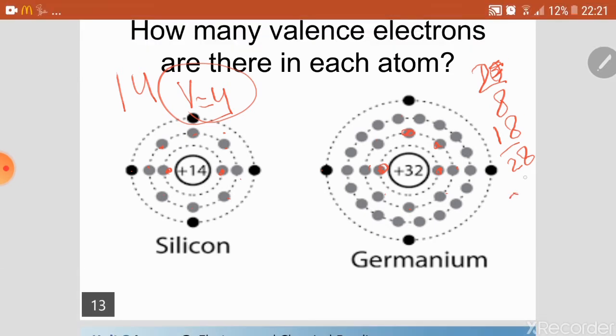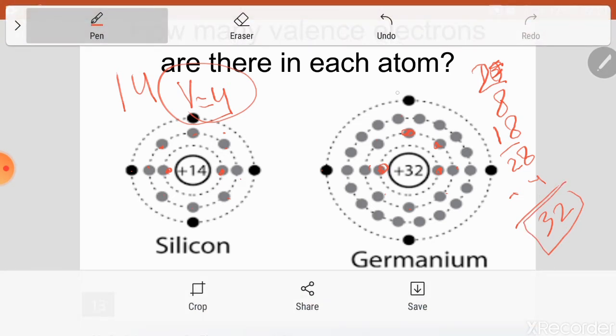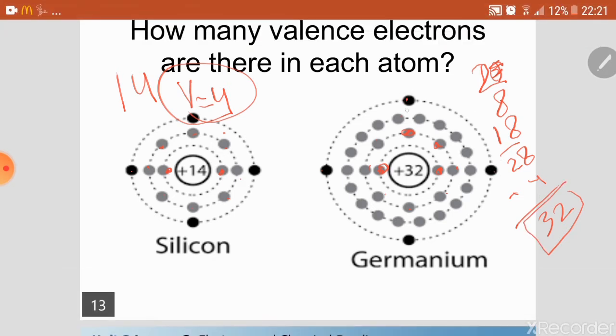So plus 4, it will be 32. This is the total number. So here I have only 4 in the outermost energy level: 1, 2, 3, 4. The atomic number is 32, while the valence electrons equal 4 only.